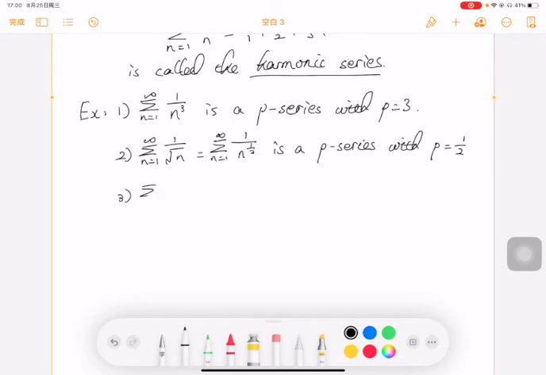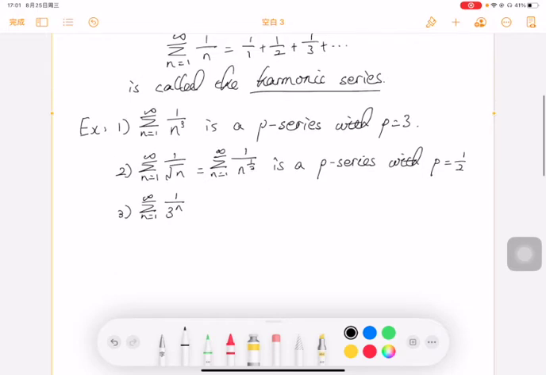The last example, the sum from n equals 1 to infinity of 1 over 3 to the n. Now notice that here n is in the exponent, not the base of the exponential. So this is not a P-series, but a geometric series.